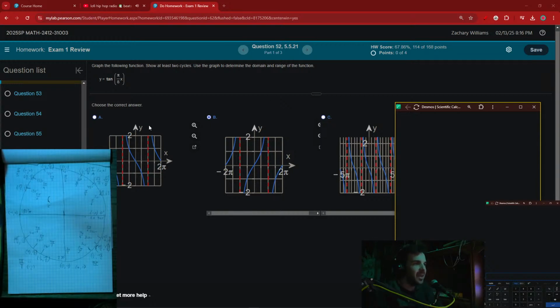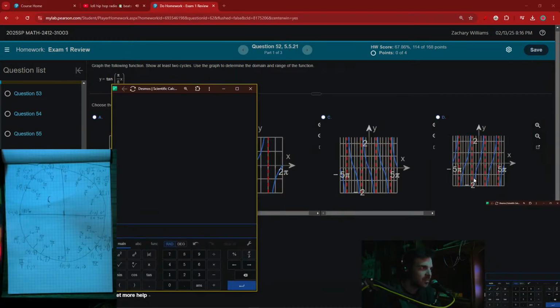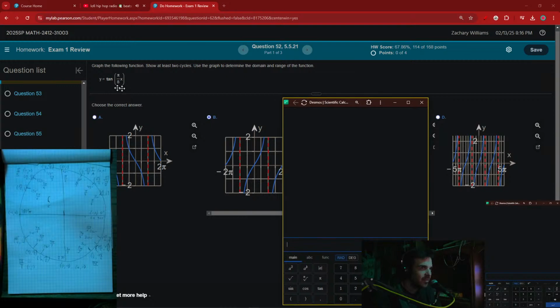The period should be 8, right? This doesn't look like 8. It's fit in there. Right? To get the period of this function, we're doing pi divided by pi over 8, which would give us 8.